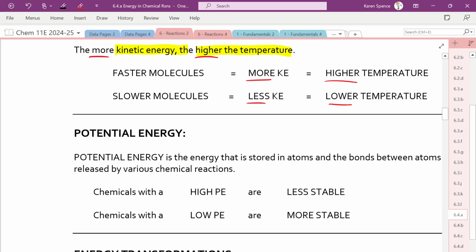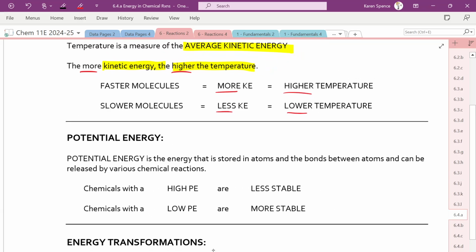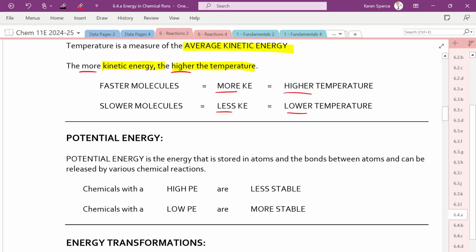Potential energy is the energy that is stored in atoms and the bonds between atoms, and it can be released or formed by various chemical reactions. Chemicals with a high potential energy are less stable.